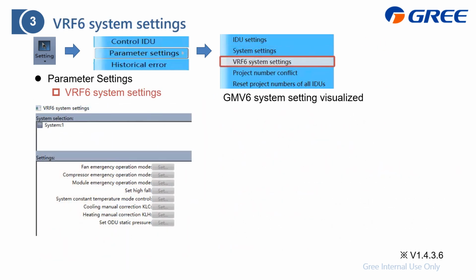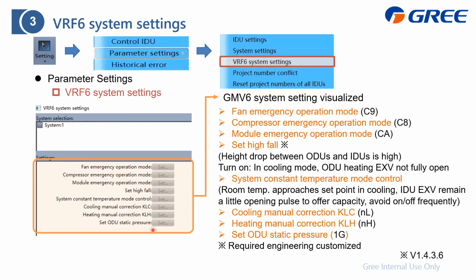Next, we will go to the setting exclusive only for GMV6, which is the third one, this one. When you select this, we will show you this page. When you select your appointed system, and here are the items you can set.